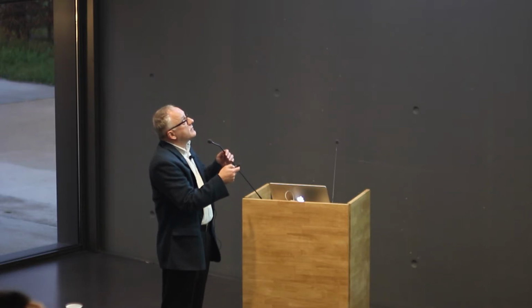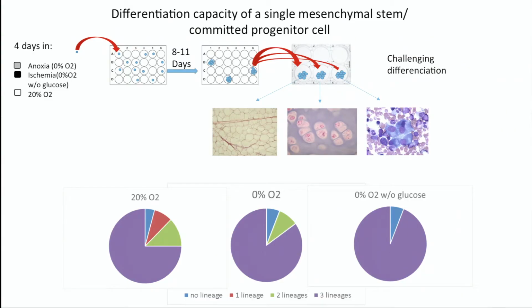Combining these results, like the results of differentiation, when a single cell was seeded in a well, and then the colonies which appeared were split in three other wells, and then challenged to differentiation into adipocytes, chondrocytes, and osteoblasts, we can see that the cells from ischemia were all completely trilineage, apart one small fraction of the cells which are about 5% in every condition, which didn't differentiate at all.